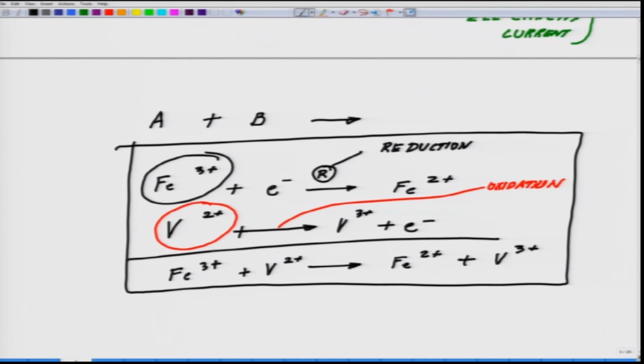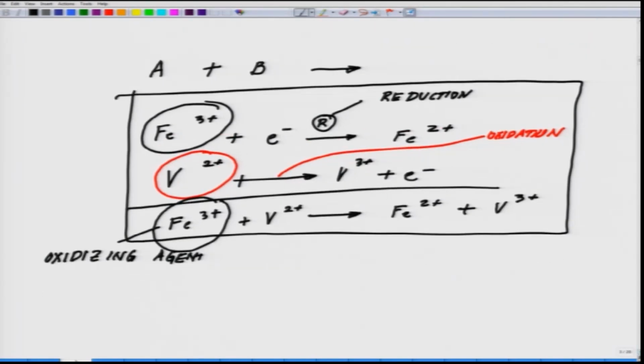Now, in this situation, Fe3+ is considered as an oxidizing agent, which itself gets reduced. So, these are the terms which you have to remember. An oxidizing agent is an agent which gets reduced.